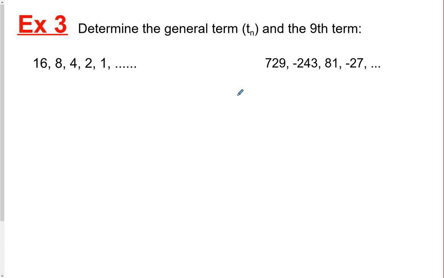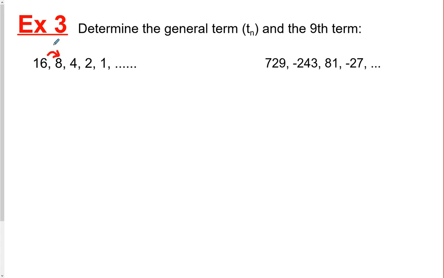I can tell just by looking at these really quick that these are geometric. I could divide the 5th term by the 4th term and then the 4th term by the 3rd term and so on and see what I get. But I can just look at them and tell this is getting cut in half each time. So when I go from 16 to 8, what am I multiplying by?